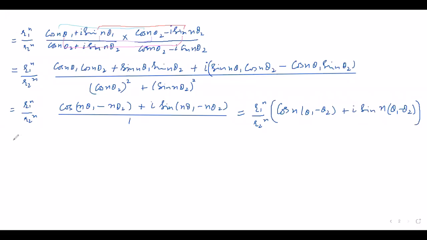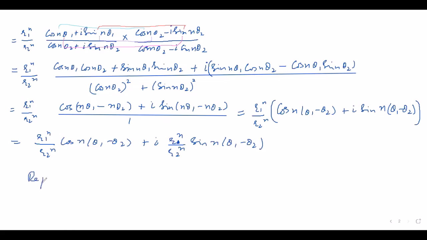And now I'm going to write it in separate real and imaginary parts, and it becomes R1n by R2n cos of n theta 1 minus theta 2 plus iota R1n by R2n sin of n theta 1 minus theta 2.